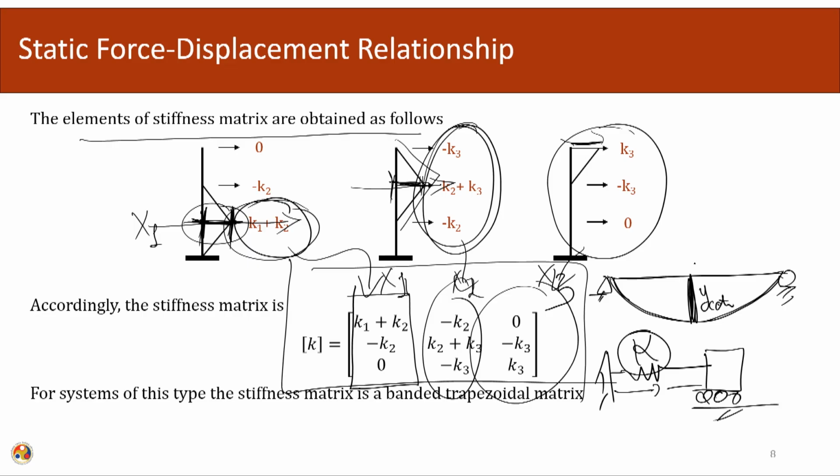At the chosen degree of freedom, at the chosen y, we give a unit displacement, y equals 1, and we calculate the amount of force required to give a unit displacement.